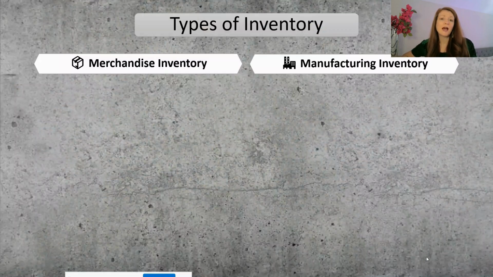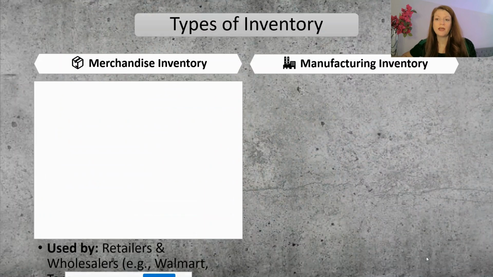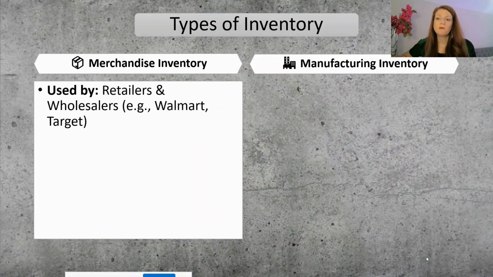So there are two different types of inventory. There is merchandise inventory. This is used by retailers and wholesalers. That is going to be like Walmart and Target. So they are purchasing things from different outside companies, and then they are selling it to the customer. So they're the middleman. Walmart, the stores that you go into, they are not assembling the items that you're purchasing.